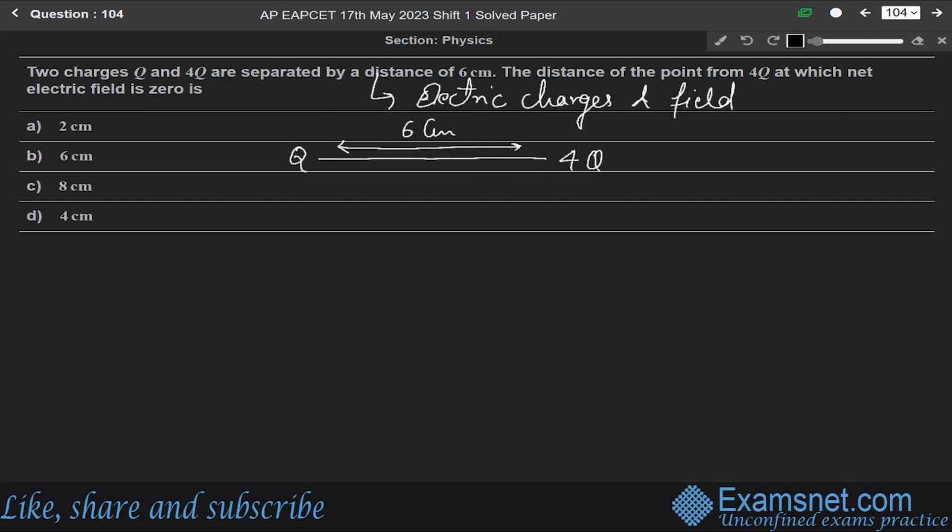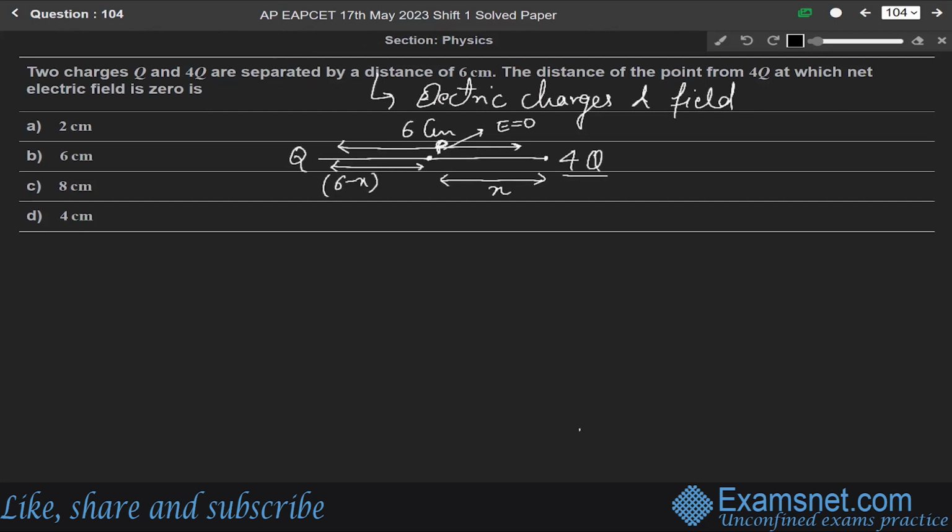We have to find the distance of the point from 4Q at which the net electric field will be 0. Let us say this is point P, the point from the charge 4Q at which the electric field E is 0. If the distance between P and the charge 4Q is x, then the other distance will be 6 minus x.